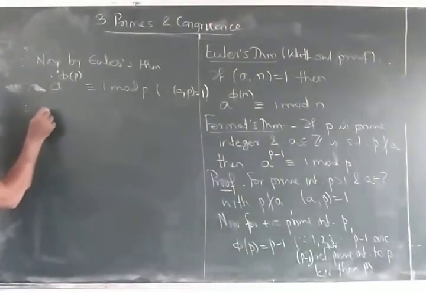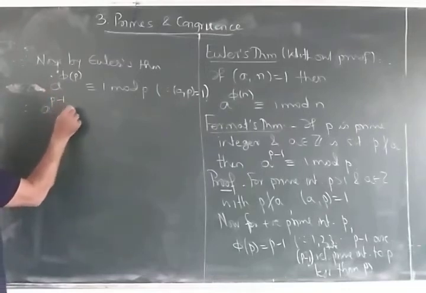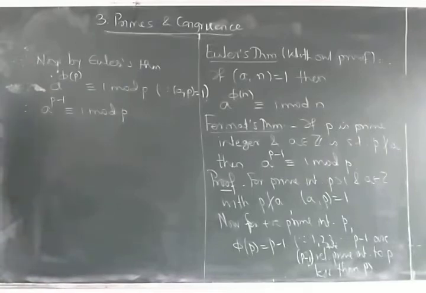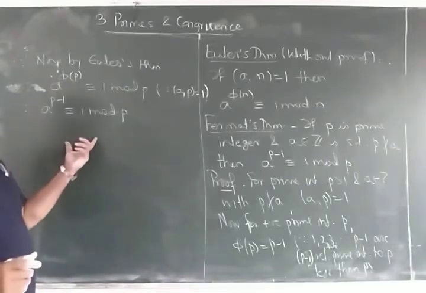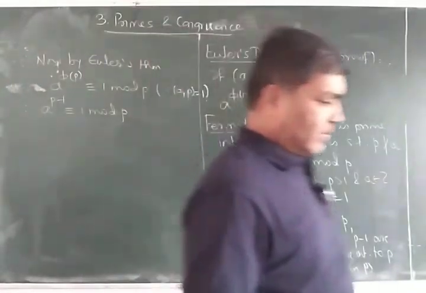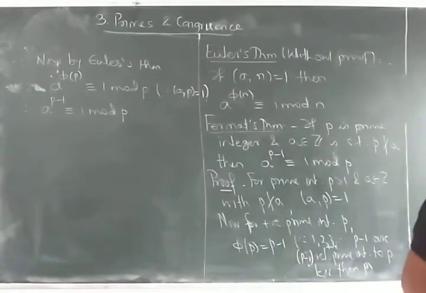Therefore, a raised to p minus 1 is congruent to 1 mod p. So this is the simple proof of Fermat's theorem. A very useful theorem for finding remainders.